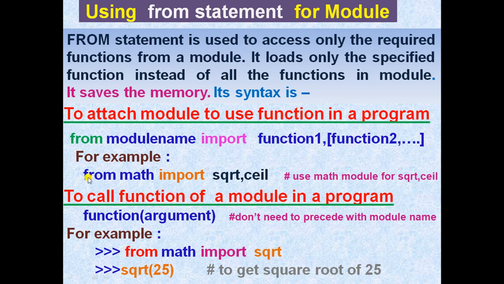Let's see the example: from math import sqrt, ceil. Here sqrt and ceil are function names. So from this, only 2 functions have been attached to our Python program, so the memory consumption of your interpreter is limited to these 2 functions only.